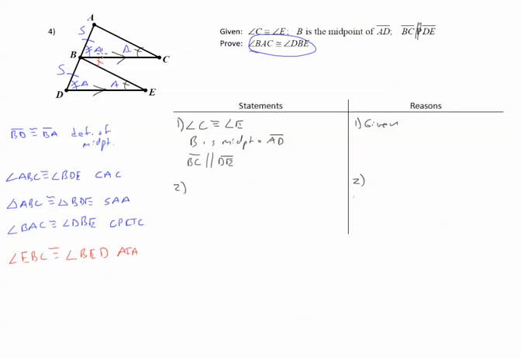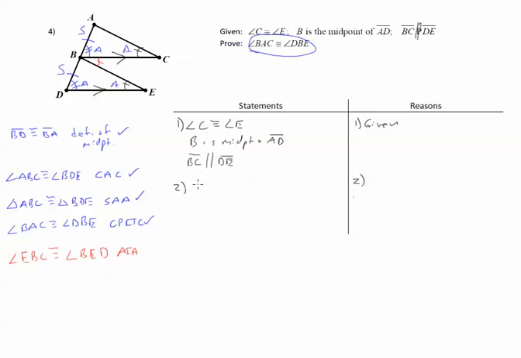But again, I'm not going to use this angle in my proof statement. It's not going to get me where I want to go. Maybe there's a way that you could do it, but we're not going to use it. So I do need to have that these two segments, BD and BA, are congruent. I do need to know that those corresponding angles are congruent. I need to include all of these statements. I need to know the triangles are congruent, and that will lead me to my final statement here.